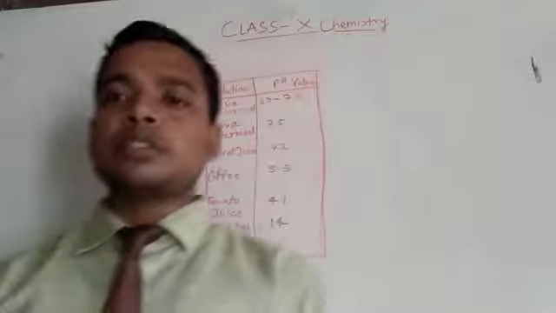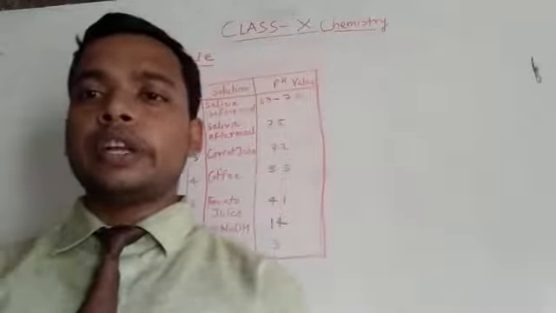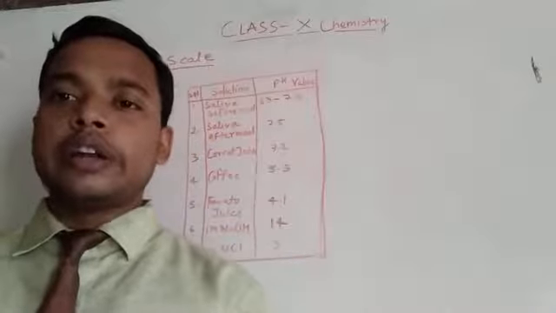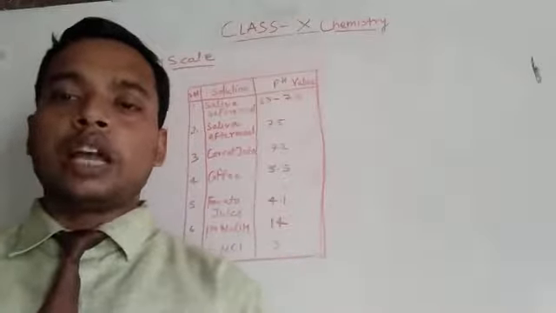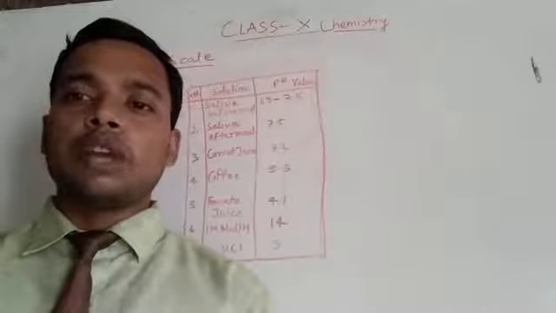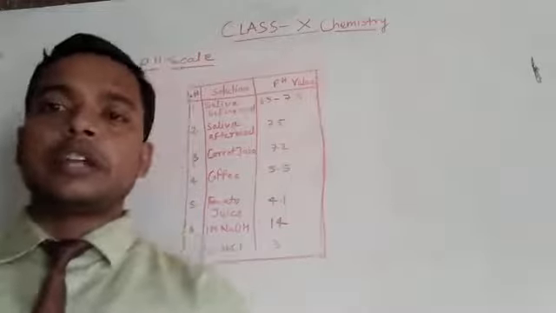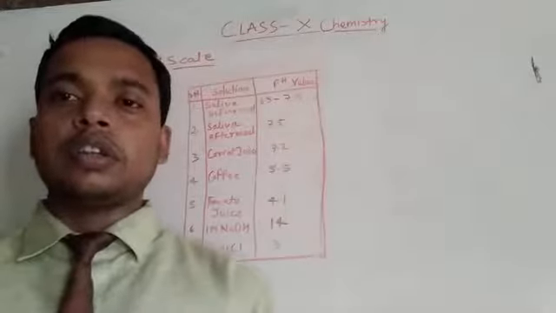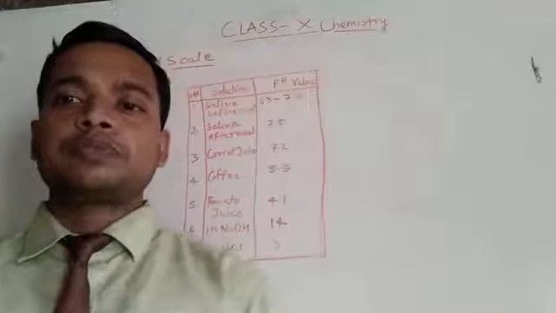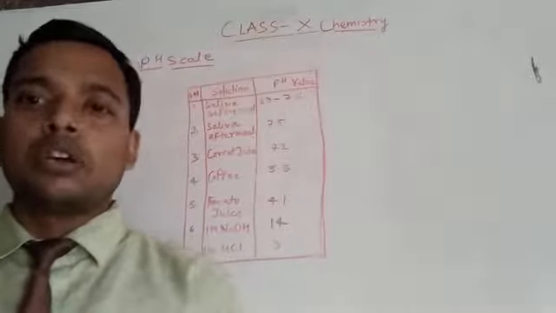So on this basis, after observation, we can conclude that there is a particular pH range, that is 9, which is very alkaline. And the pH value of river water, which comes in the category of fresh water, is a narrow range, 7.2 to 7.4.